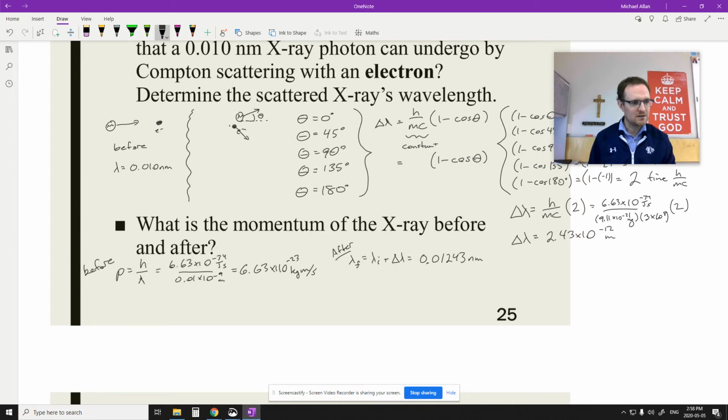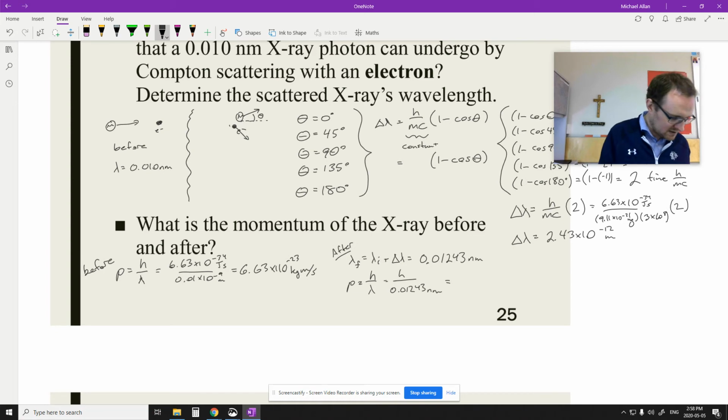Now what I'm going to do here is calculate my new momentum. This is my after momentum, by taking my H value and dividing it by this new wavelength that we have here. Okay, so we're going to use that same H value we had before and divide it by that number in meters.